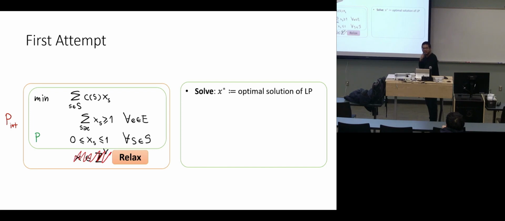Now, if I tell you that I want to round this thing using some randomization, what do you think should be the most natural way to round this with randomization? Any guess?